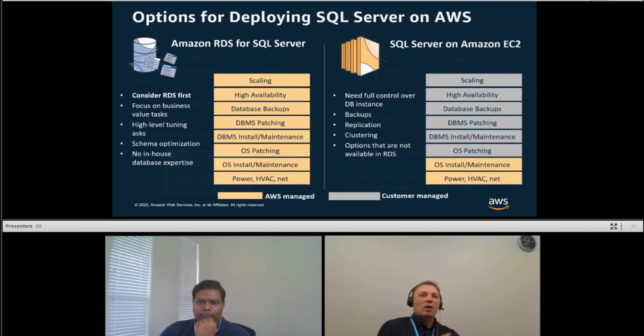All right, SQL Server. When it comes to deploying your SQL Server on AWS, essentially you have two options: SQL Server on Amazon RDS, and on the right, SQL Server on Amazon EC2. It all comes down to who's responsible for what.